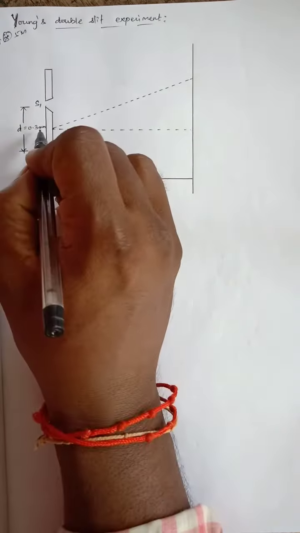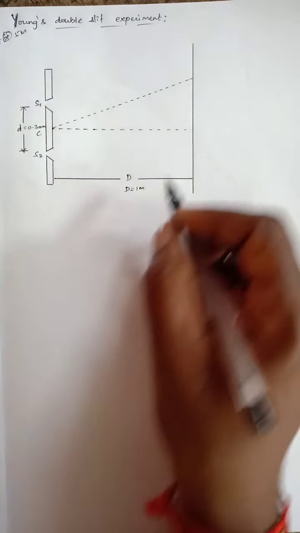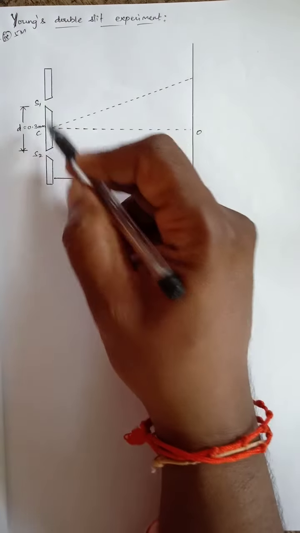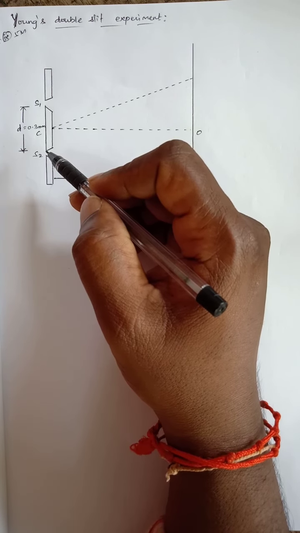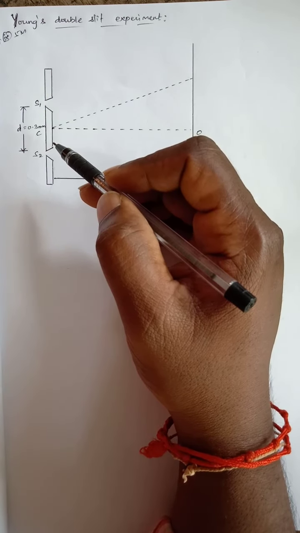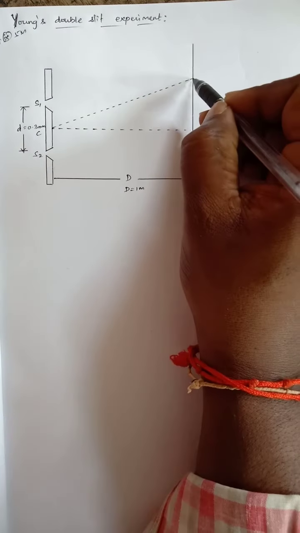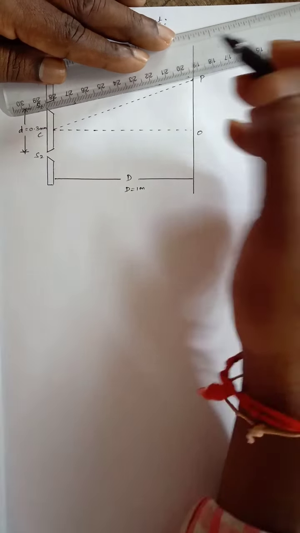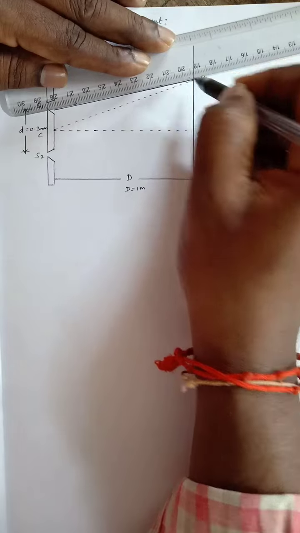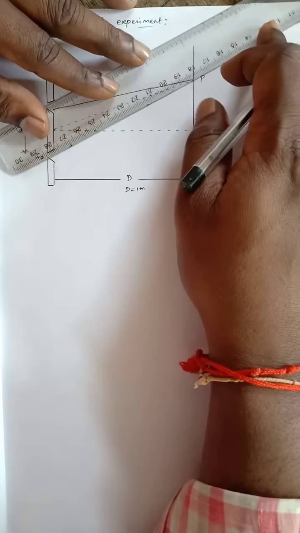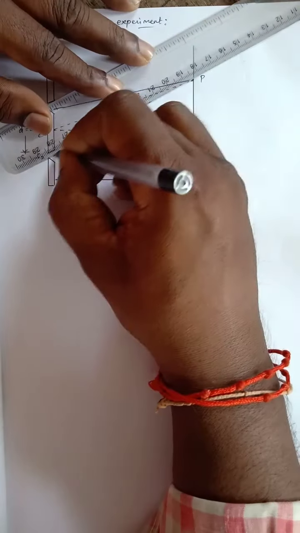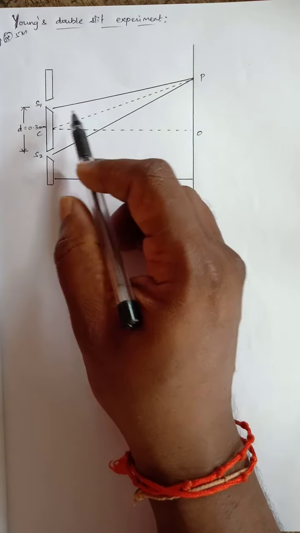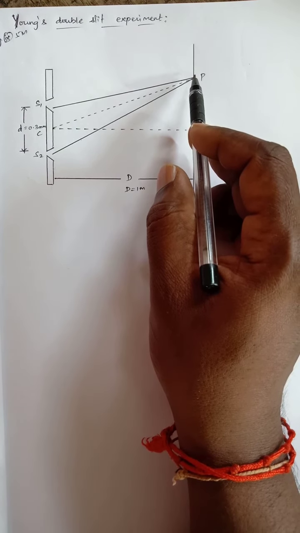C is the point at the center of the slits, and O is the point at the center of the screen. Suppose the two slits are producing coherent sources of light, so that the waves will meet at a point here, the point P. The two sources of light producing waves at point P is called interference.